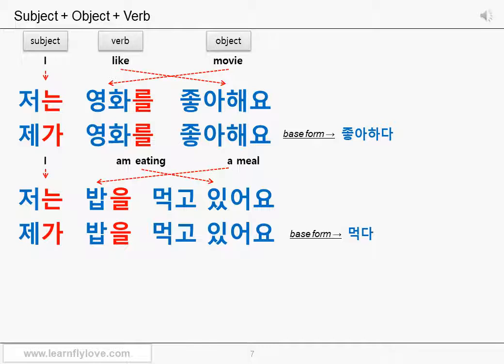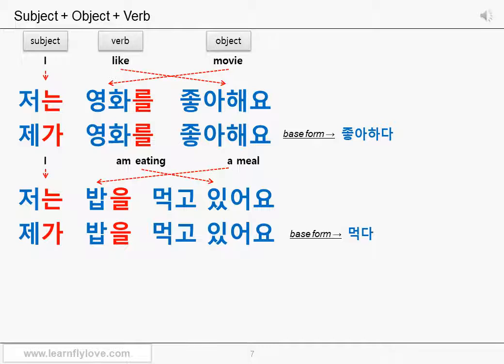The present continuous tense is used. I, 저는, or 제가, a meal, 밥을, am eating, 먹고 있어요. The stem 먹 plus 고 있어요, right? 저는 밥을 먹고 있어요. Or 제가 밥을 먹고 있어요.